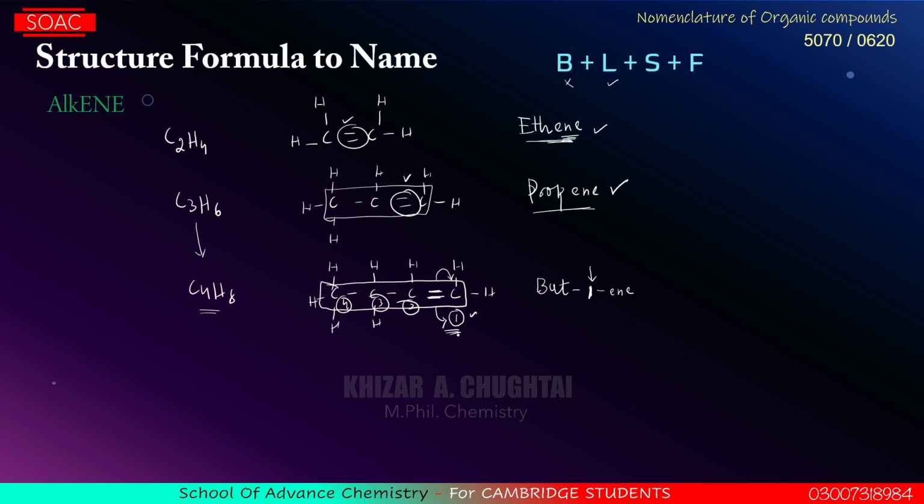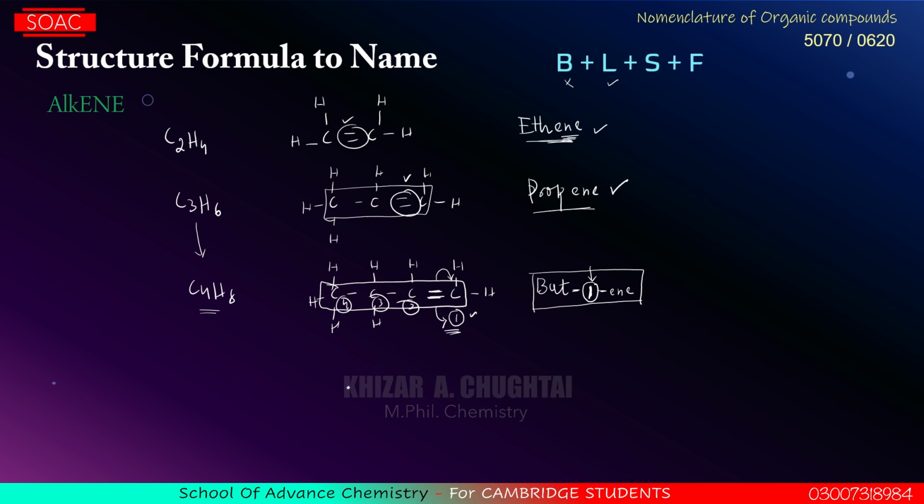The smaller number is the position of the carbon-carbon double bond. So the real name is but-1-ene. So before writing ene, if you're having 4 carbons or more than 4 carbons, then you will have to put a number before ene, separated by these hyphens or dashes.